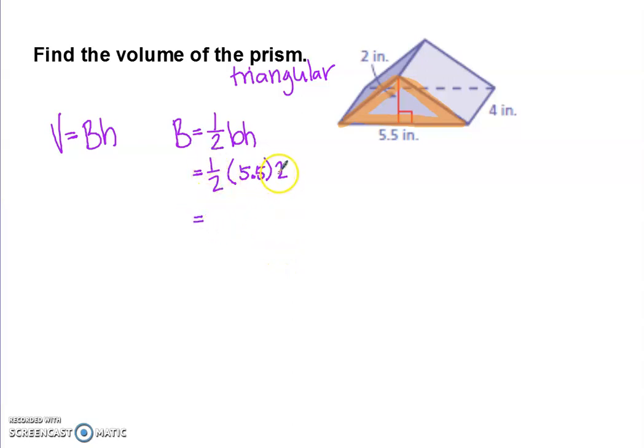Now half of 2 is 1, and 1 times 5.5 is 5.5. Okay. So I've got the area of the base. Now I'm going to substitute in the values. Volume is the area of the base times the height of the prism, how tall the prism is, the dimension we haven't used yet. And now I'm going to evaluate. 5.5 times 4, and that's 22 cubic inches.